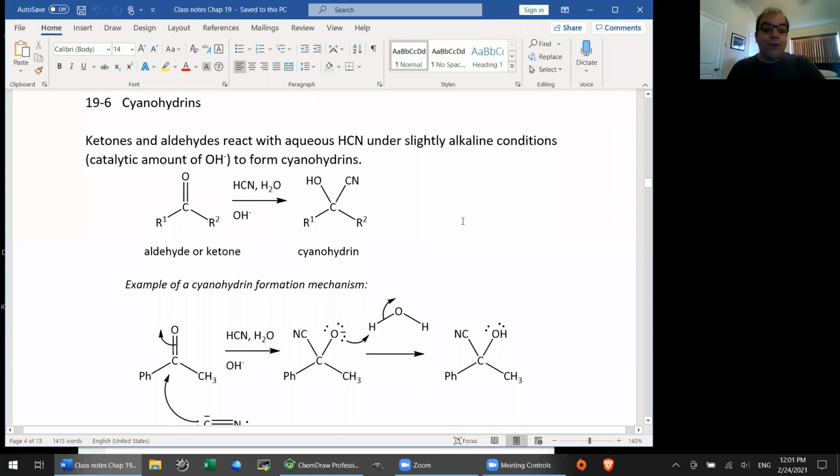Good. So last time we left off with, I think, a pretty good foundation of what goes on with nucleophilic addition reactions to ketones and aldehydes. We saw several that we were already familiar with, like hydride reduction, like the addition of Grignard or alkyllithium reagents to make alcohols.